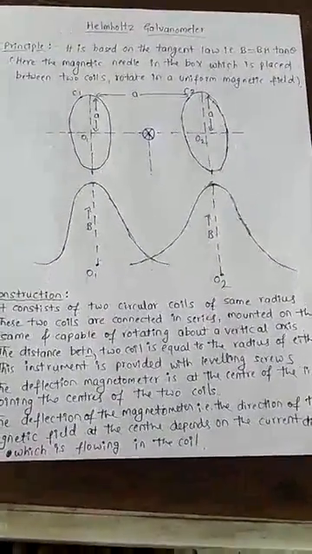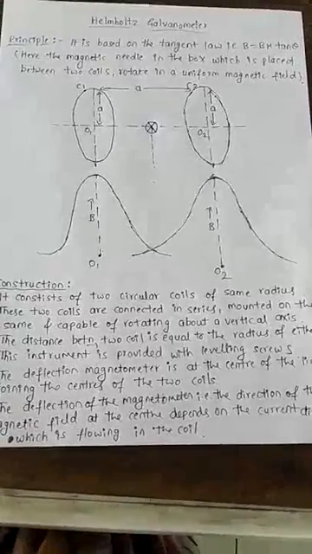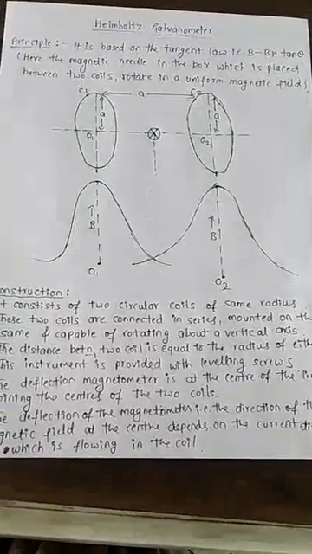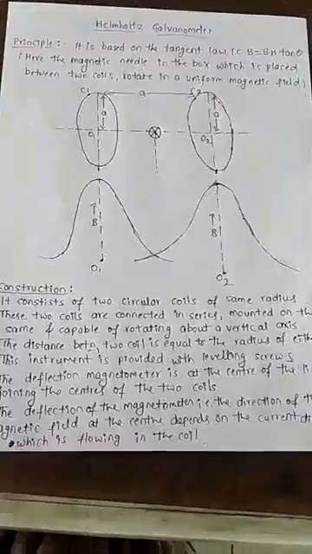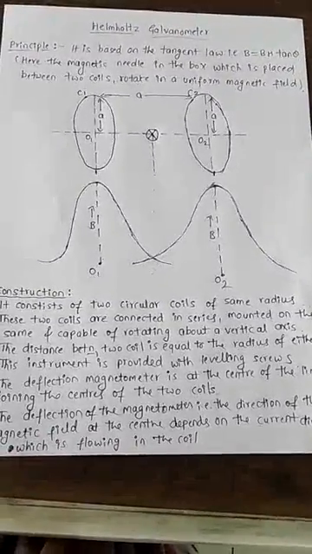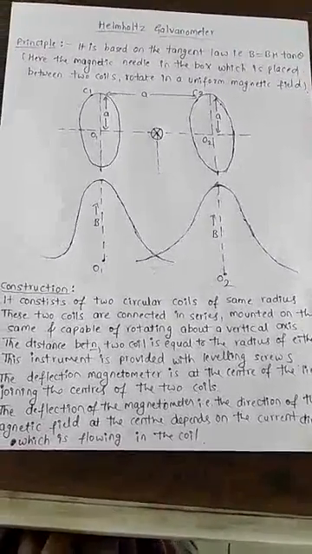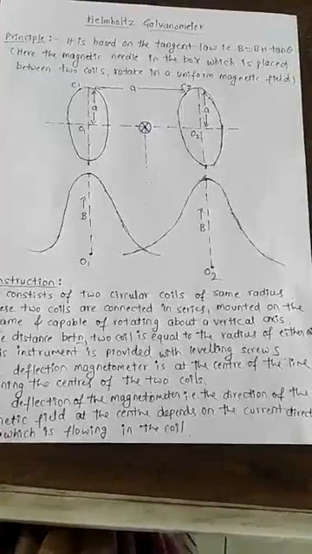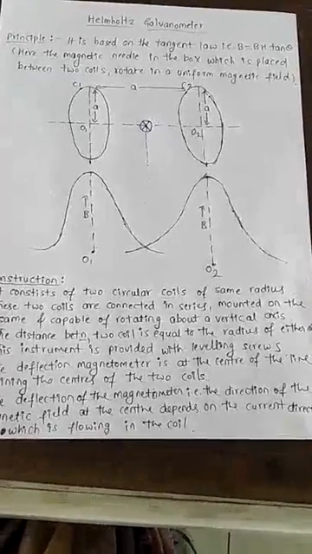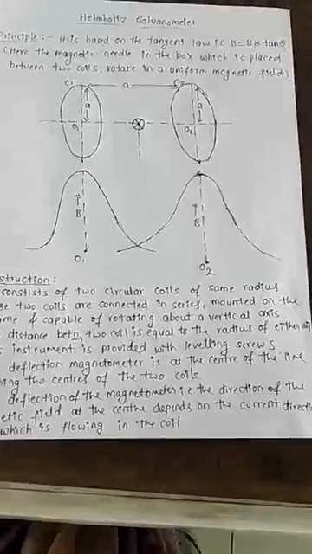First, the definition of the Helmholtz galvanometer: it is an electrical instrument which is used to measure DC current, direct current, and it is the improved form of the tangent galvanometer.